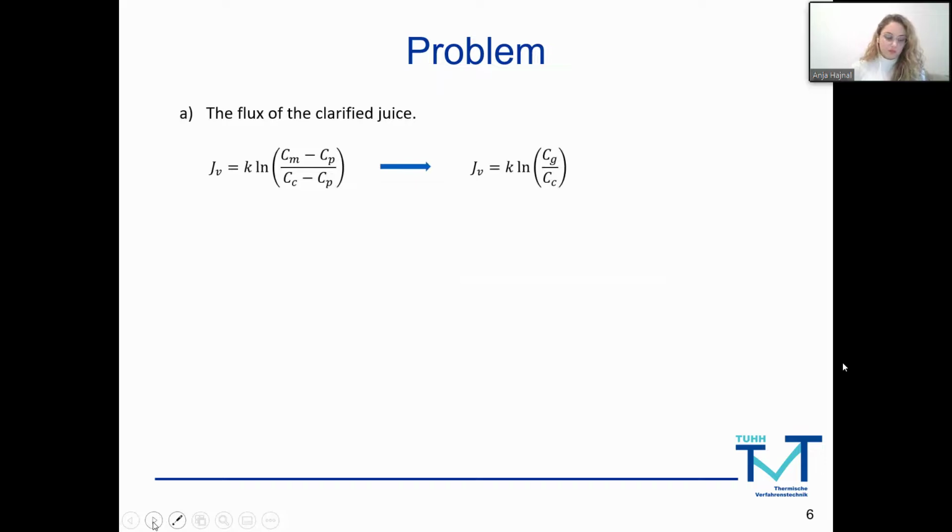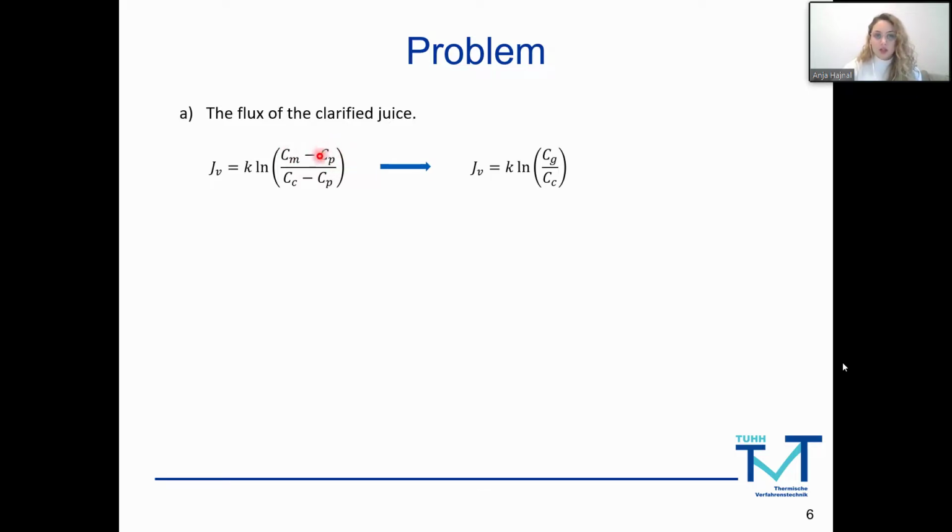So, as I mentioned on the slide before, we had this mass balance equation. Now, if you integrate this differential equation, maybe you can also try it yourself, but you should get this form shown here. In this equation, K is the mass transfer coefficient, Cm is the concentration of the pectin at the membrane, which is given here as 45 grams per liter.